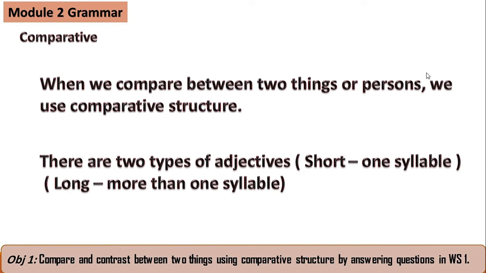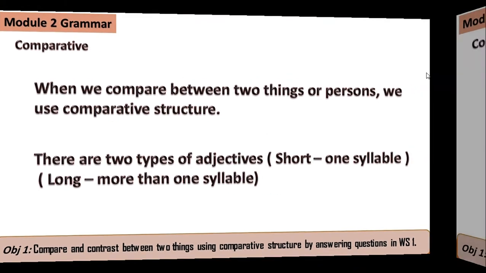But now we are going to talk about adjectives with 2 syllables or more, and those with only 1 syllable. Again, you are going to divide your adjectives like fat, short, tall, and so on into short ones and long ones. The short adjectives have only 1 syllable. The long adjectives have more than 1 syllable.